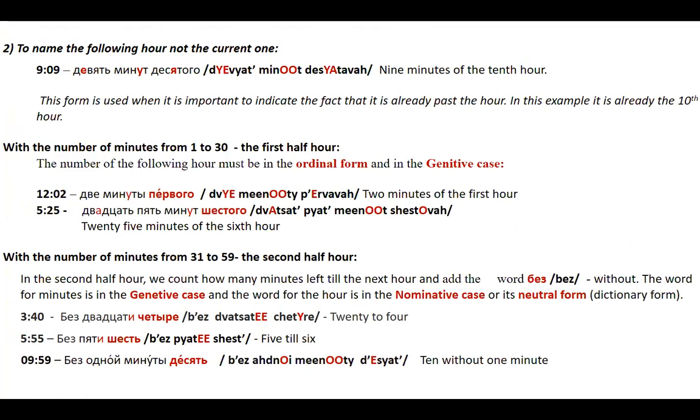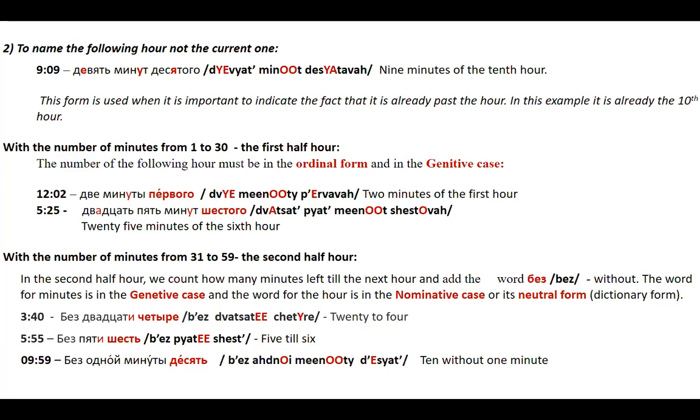This form is used when it's important to indicate that it's already past the hour, that it's already the new hour. For example, if people are late, we can say that it's already 9 минут 10, it's already 9 minutes of the 10th hour, and you were supposed to be here at 9.